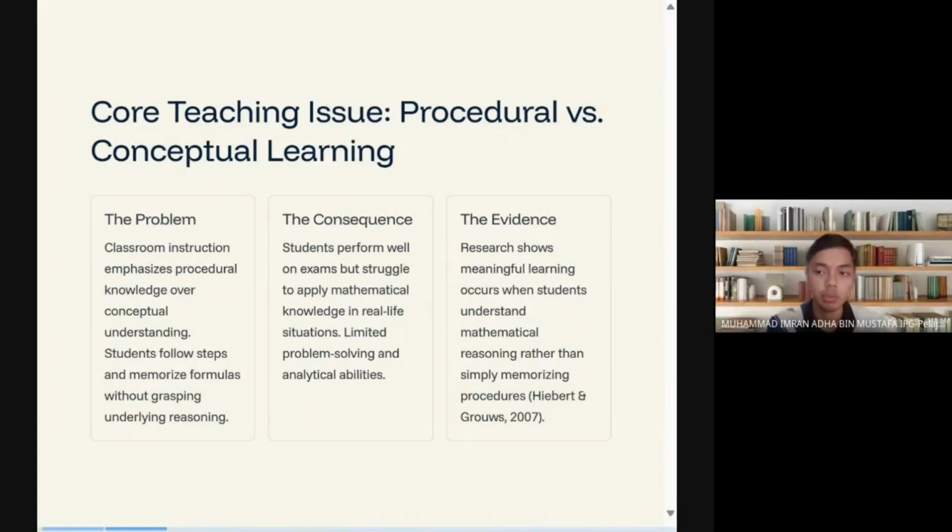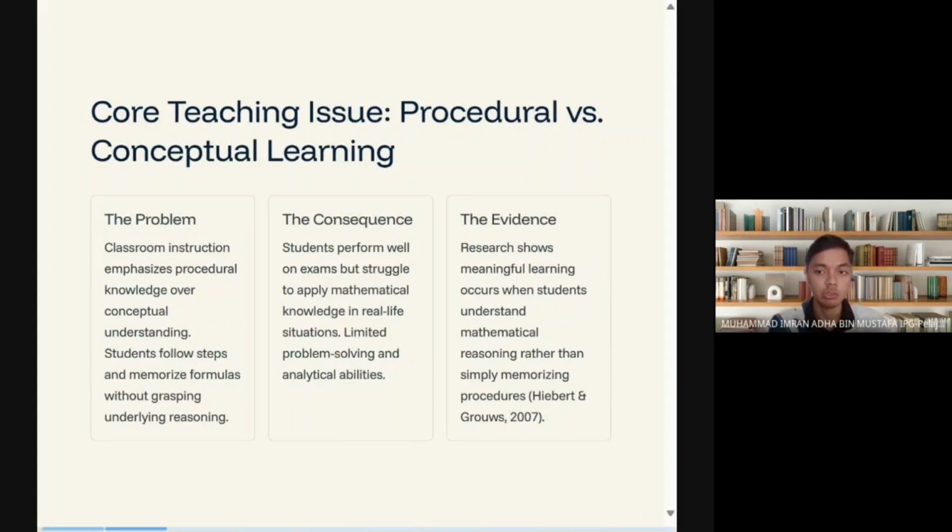While this approach may help students perform well in examinations, it often limits their ability to apply mathematical knowledge in real-life situations. Researchers have argued that meaningful learning occurs when students understand the reasoning behind mathematical procedures rather than simply memorizing them.